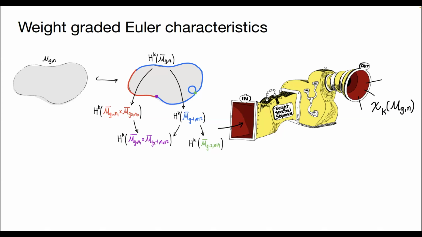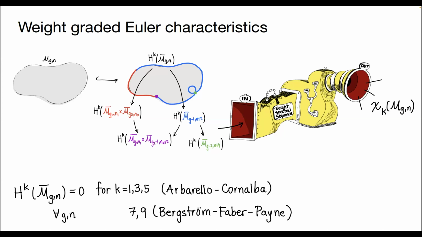Now, we are interested in the case when k is odd. And if we look at the odd degree cohomology of M_{g,n} bar in low degrees, it turns out that it vanishes. So H^k of M_{g,n} bar is 0 for k equal to 1, 3, 5 by work of Arbarello and Cornalba, and 7 and 9, more recently by Bergström, Faber, and Payne.